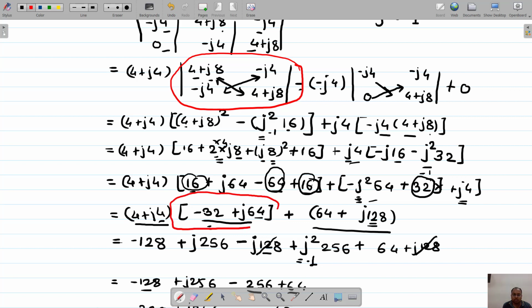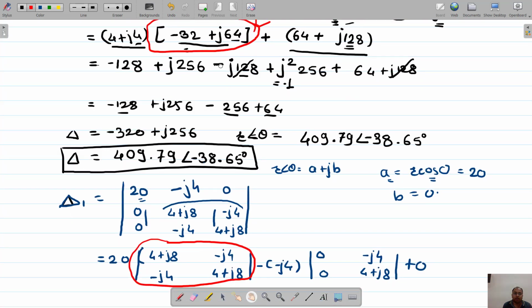So do not do the donkey work. Already we have calculated it, so we need to use this value directly. Is that fine? Remember the value, that is nothing but minus 32 plus j64. So over here we are going to use that value.